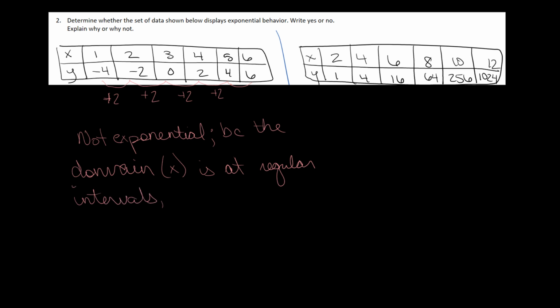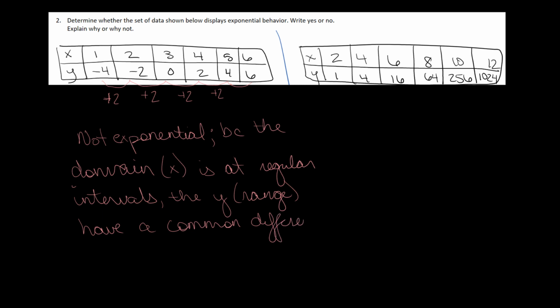However, the y, or the range, have a common difference of 2. So when we were talking about this earlier, this is an arithmetic sequence. It's not geometric. Arithmetic, okay? So when it's arithmetic, we're adding. When it's geometric, we're multiplying.